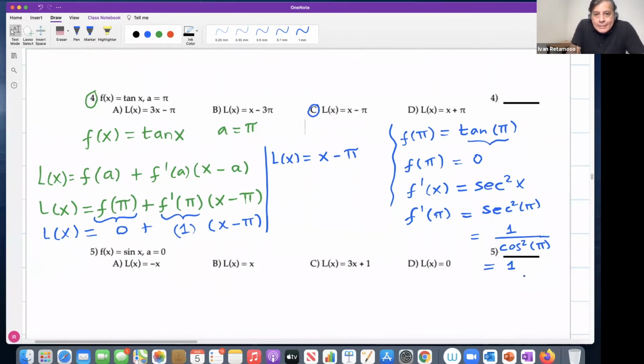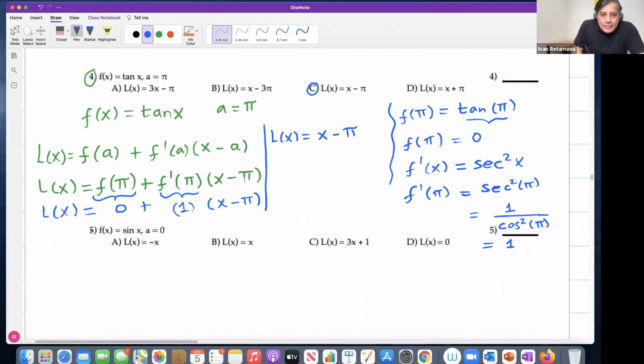Following this strategy, can you try number 5? Instead of the tangent function, now it's the sine function. It's possible to figure out the linearization for the sine function too. And the base point now is easier, it is 0. So maybe I should write out the formula for the linearization. Try, guys.